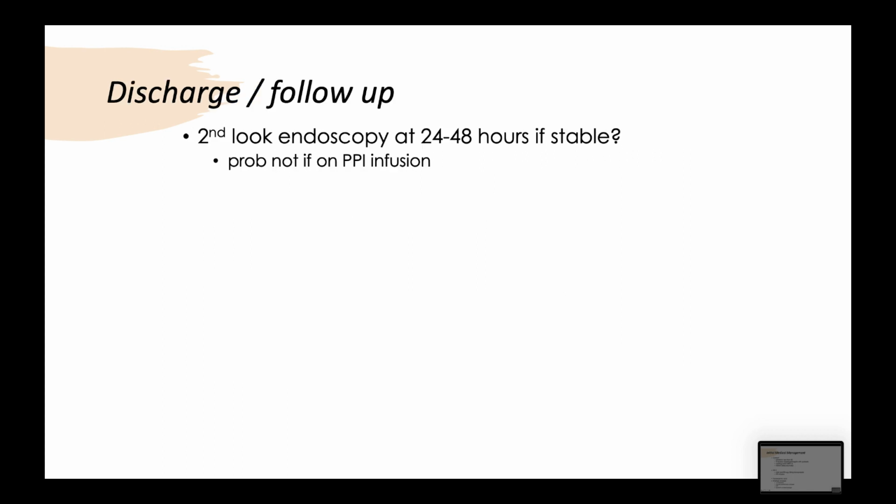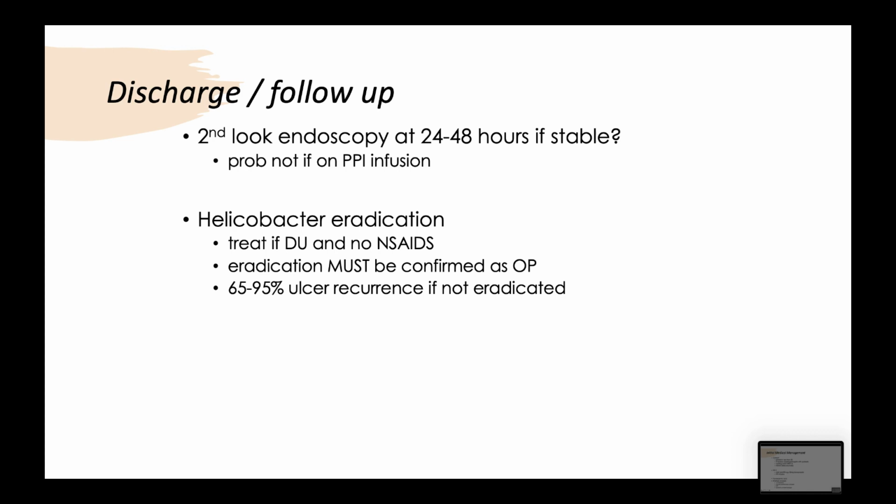In terms of follow-up, after the first endoscopy, you want to do a second one at 24 to 48 hours if the patient is stable. However, if they are on a PPI infusion already, then you probably wouldn't want to carry out endoscopy.